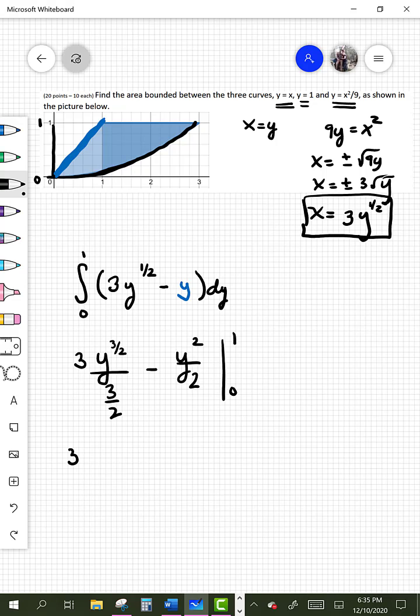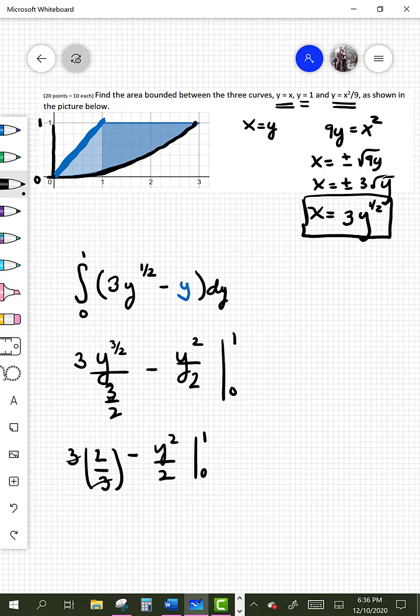Dividing by a fraction is the same thing as multiplying by the reciprocal. So we have 3 times 2/3 y to the 3/2, minus y squared over 2, evaluated from 0 to 1.